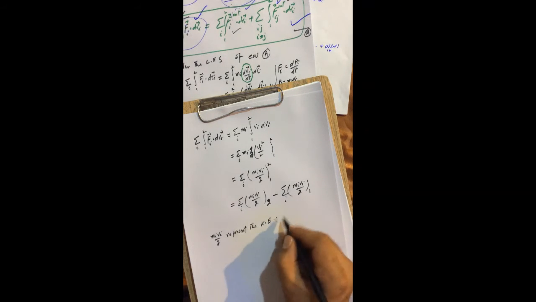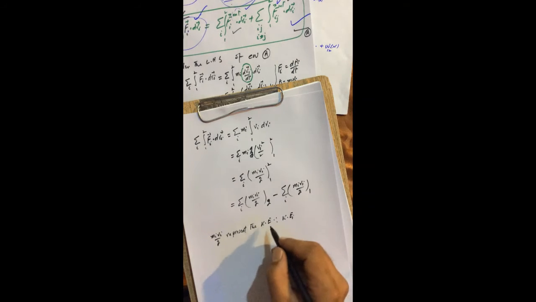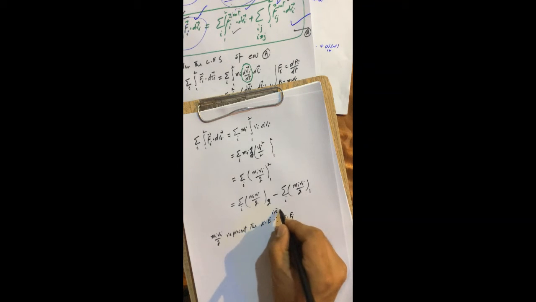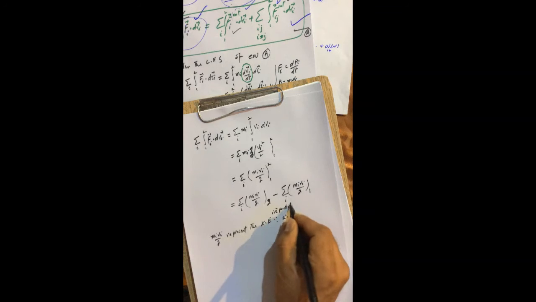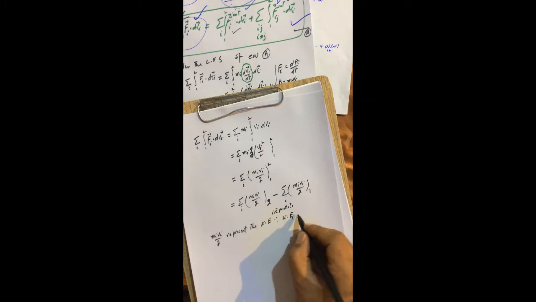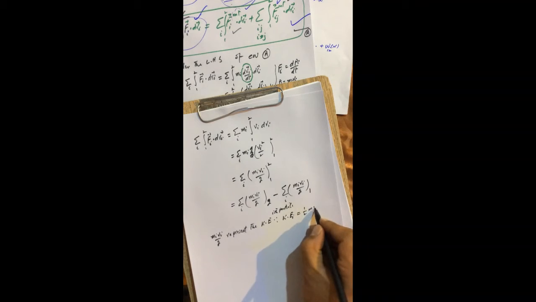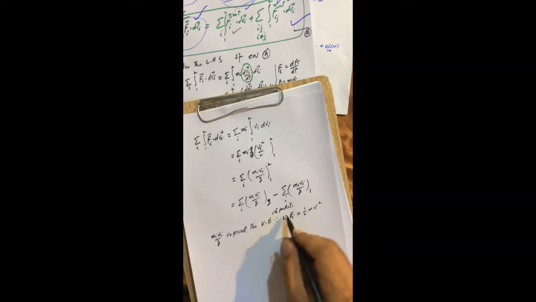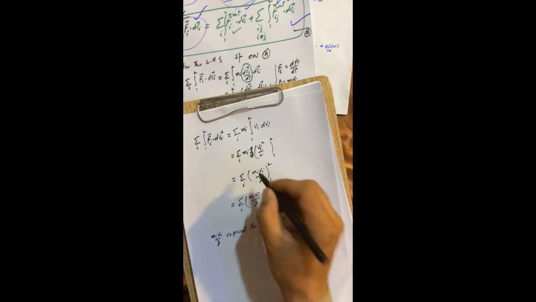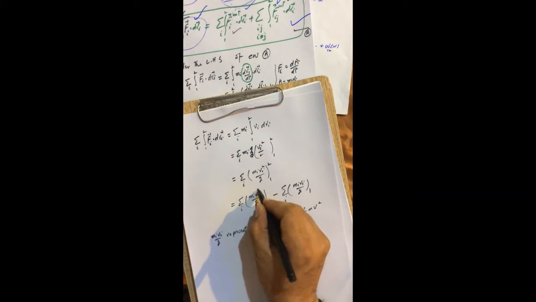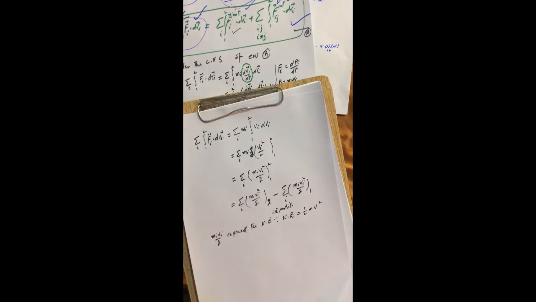Because we know that the kinetic energy of the ith particle is half mv square. Sorry, this is v square. So here we have a square, and here we also have v square.